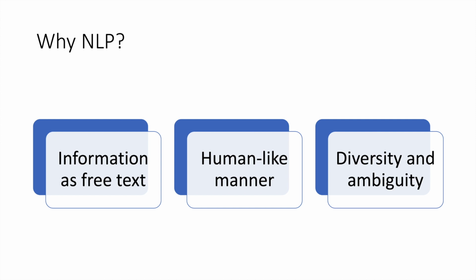It is very diverse and it is ambiguous in most of the cases, and this diversity and ambiguity is not encountered in structured data. For example, "time flies like an arrow". If you were a machine, it would probably be much more difficult to understand what the sentence is talking about.